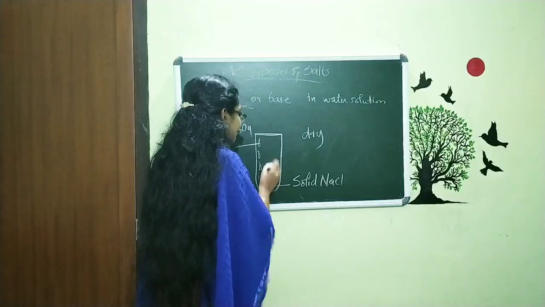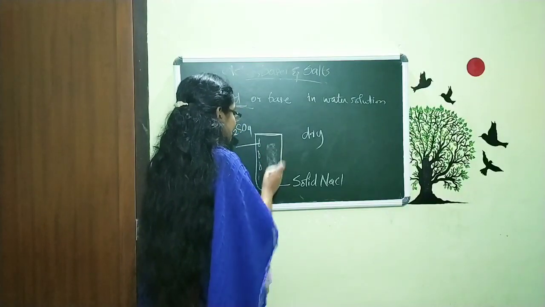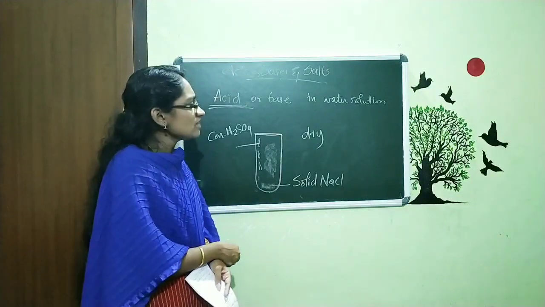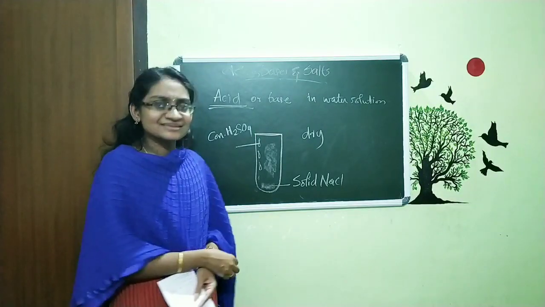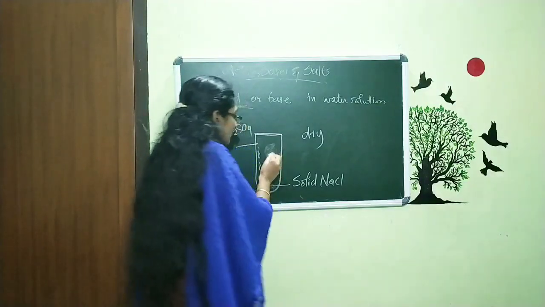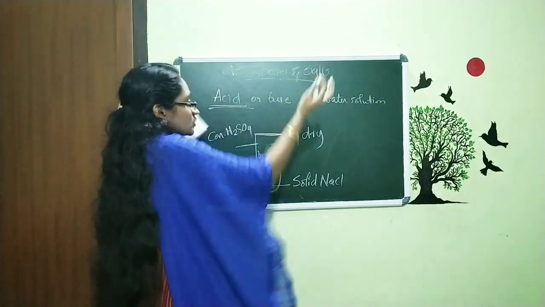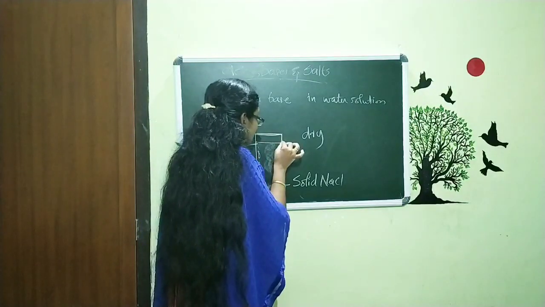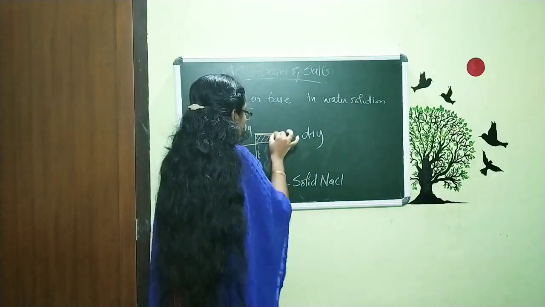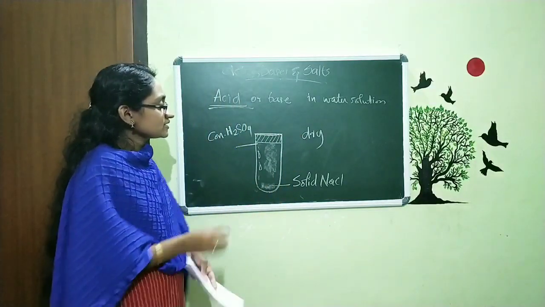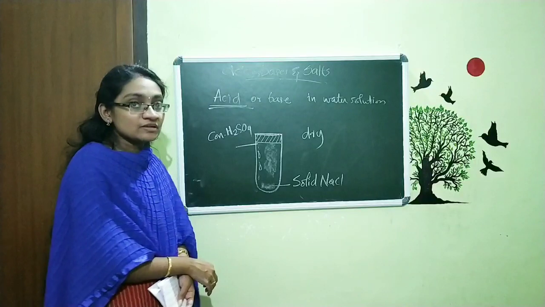Now our duty is to check what this gas is, and we don't want this gas to escape outside. So I am just closing the mouth of this test tube with a cork. But if we keep it closed continuously, what happens? This test tube will break.